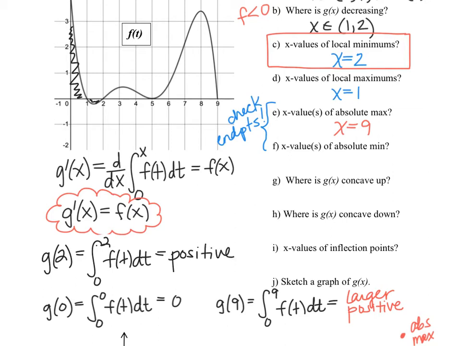So when we're trying to figure out the minimum, whether it occurs at x equals 2 or whether it occurs at the endpoint, in this case, you can see that we have a smaller value at 0. G of 0 was equal to 0, whereas g of 2 was a positive number. So the smaller of these is going to be 0. So that means we have an absolute minimum at x equals 0.